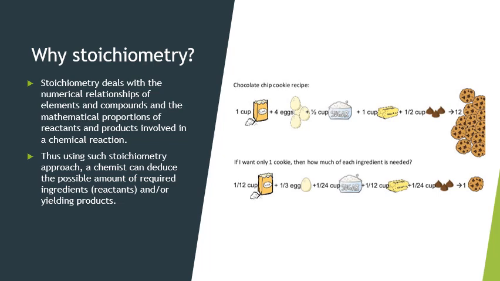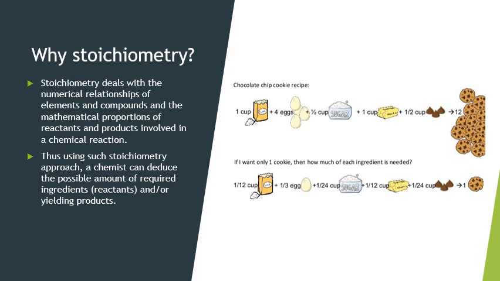You can see here it's given 1 cup flour, 4 eggs, then 1/4 cup sugar, 1 cup butter, and half cup chocolate, right? How many cookies will come out of this quantity? Here it is given they are 12, right?